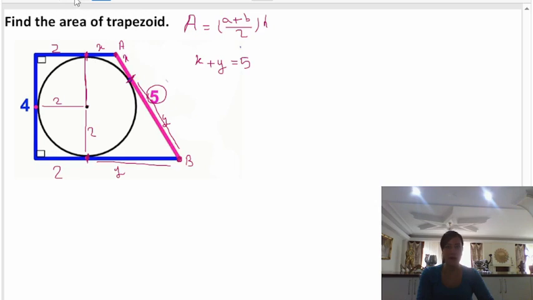Now, this triangle that I label ABC is a right angle triangle.